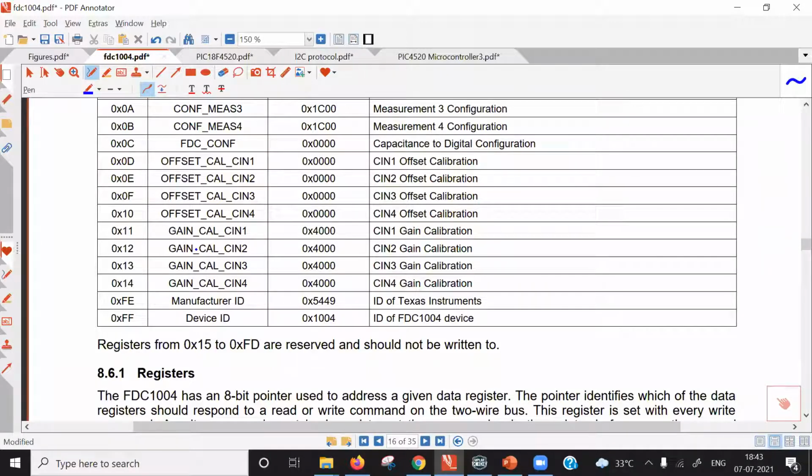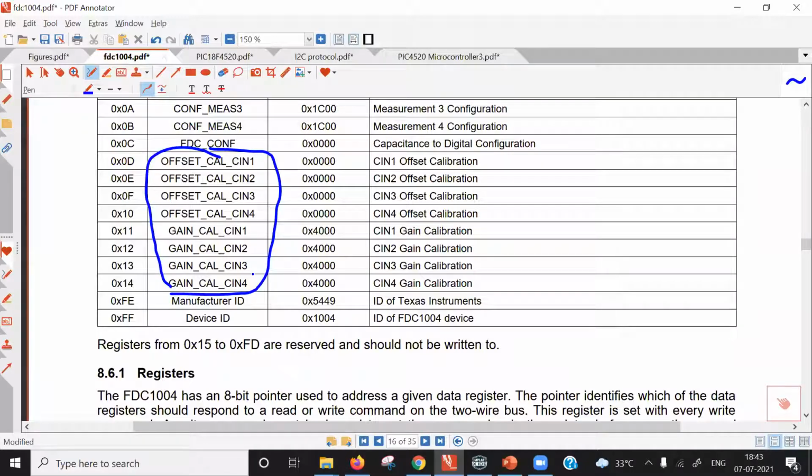However, with the code which I am going to share today, if you can build a capacitive sensor, you can do some kind of experimentation with these offset cal registers as well as gain cal registers. So this I have not modified. I have used default values. These 8 registers: 4 registers are for 4 channels, and the remaining gain calibration registers are for 4 channels.